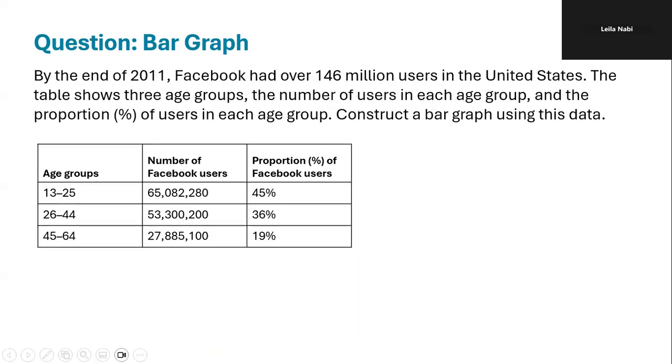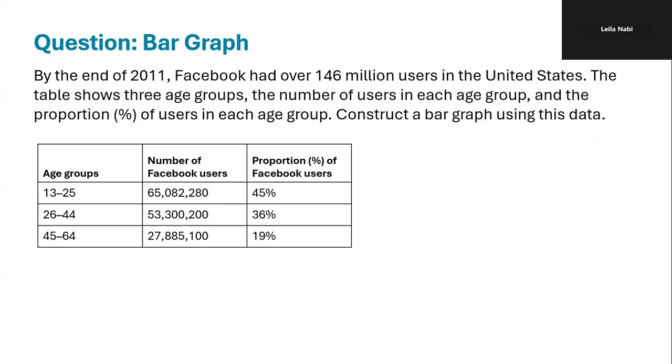We can also create bar graphs when we have quantitative data, when we have data that are numbers or classes. For example, as you see, this table shows the 3 age groups and the number of users in each group and the proportion of these users that use Facebook, I believe.